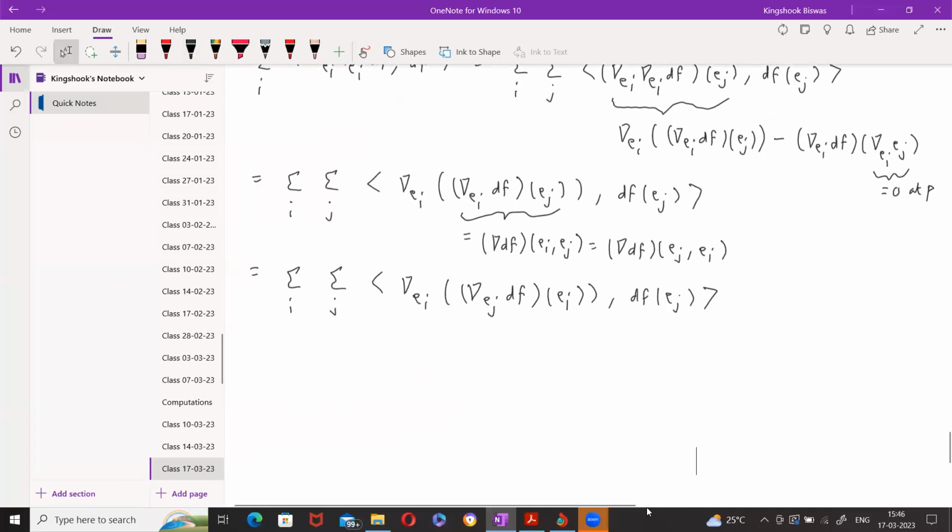And now this thing, again by the Leibniz rule, is going to be nabla e_i nabla e_j df acting on e_i.